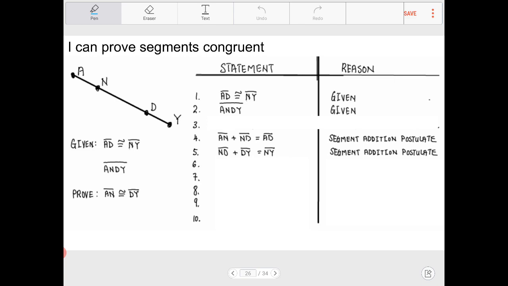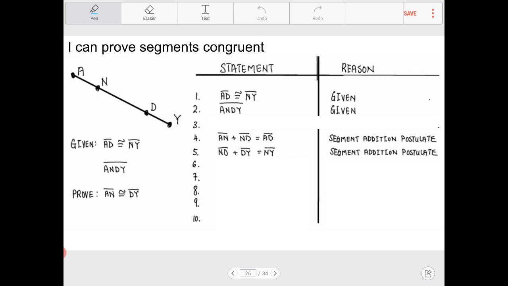So the next part here is where I am going to try and link things together. Notice that AD and NY are congruent to one another, and then I have lines 4 and 5 stating what AD and NY are made up of.